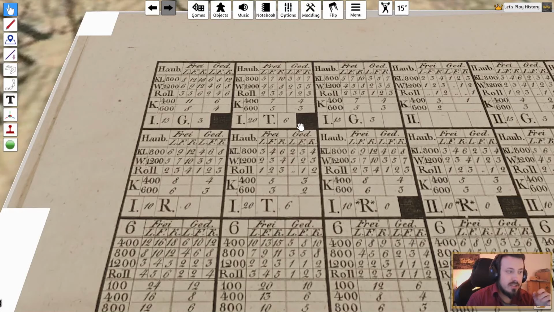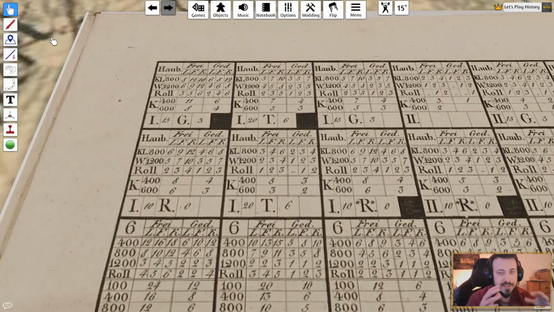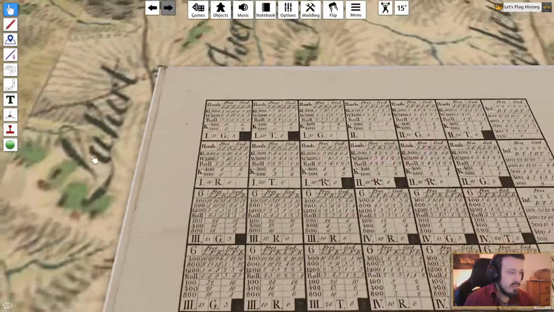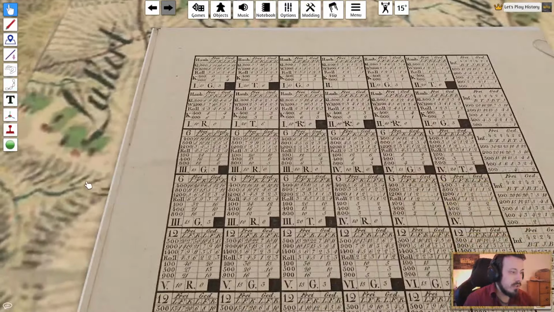So cavalry losses are way smaller than infantry losses, but cavalry tends to run away much quicker, right? Only a portion of the cavalry is really in melee, and then the whole squadron runs away. It's mostly very brief combats.